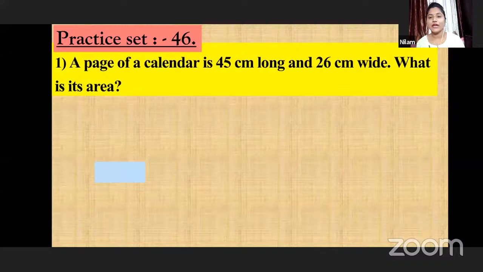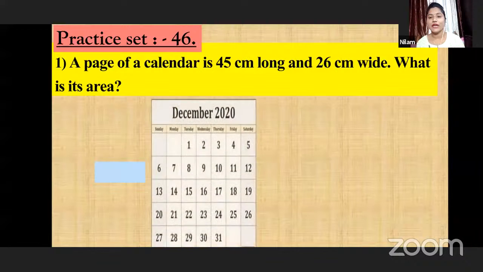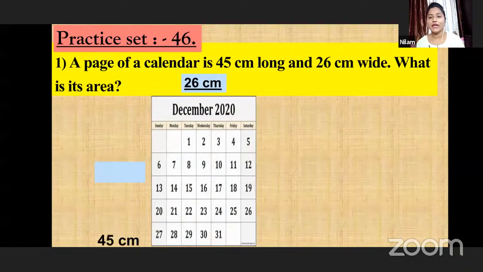In the question, a page of a calendar is mentioned. Can anyone tell me what is the shape of a page of a calendar? Rectangular. Yes, the shape of the page of a calendar is rectangular. See, on the screen you can see.